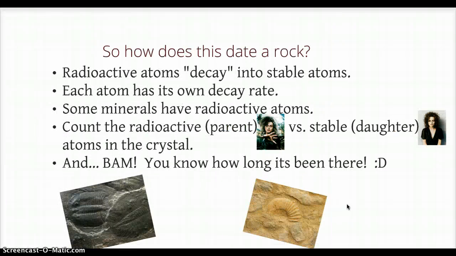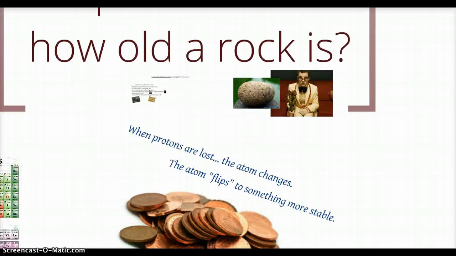And when you do that, that allows us to figure out how old the rock is. Because the longer it's been around, the less of the unstable radioactive parent we find and the more of the stable daughter element we find. So you can use radioactive decay to figure out the age of some rocks.